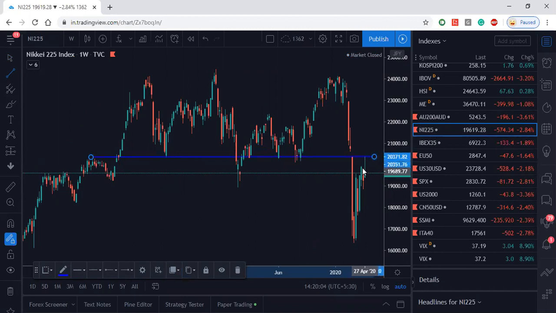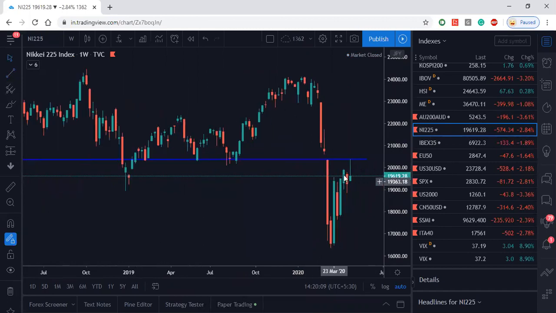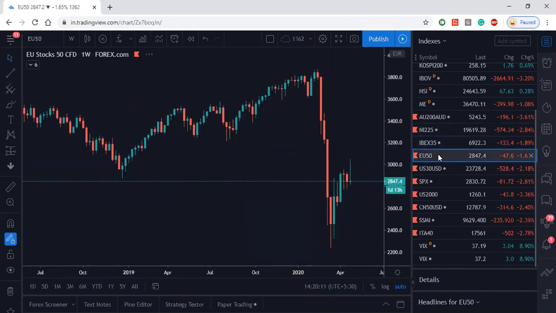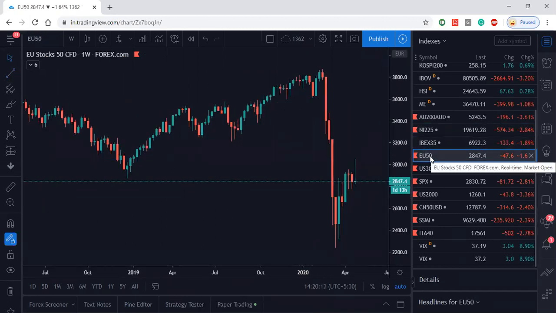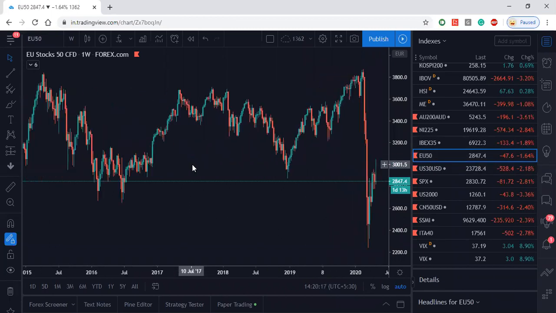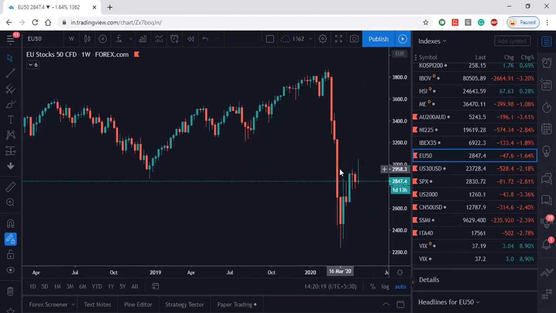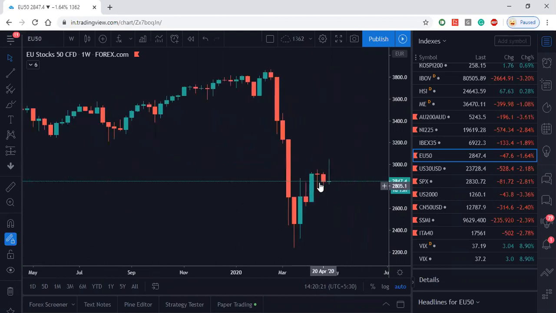So we have a rejection exactly at this resistance this week. This was yesterday's closing. This is the EU stocks 50, just like the Nifty 50. We have the European Union 50 stocks. You can see the price has a very strong rejection again, right? And at a good resistance.